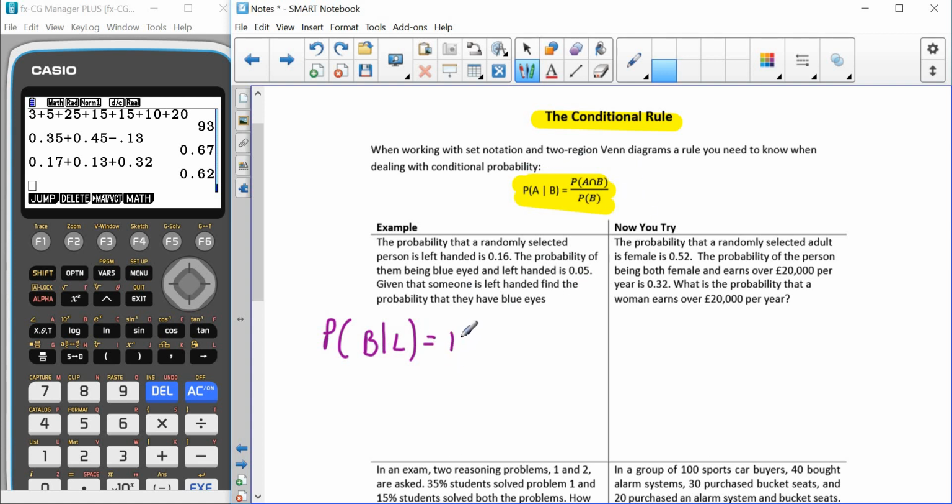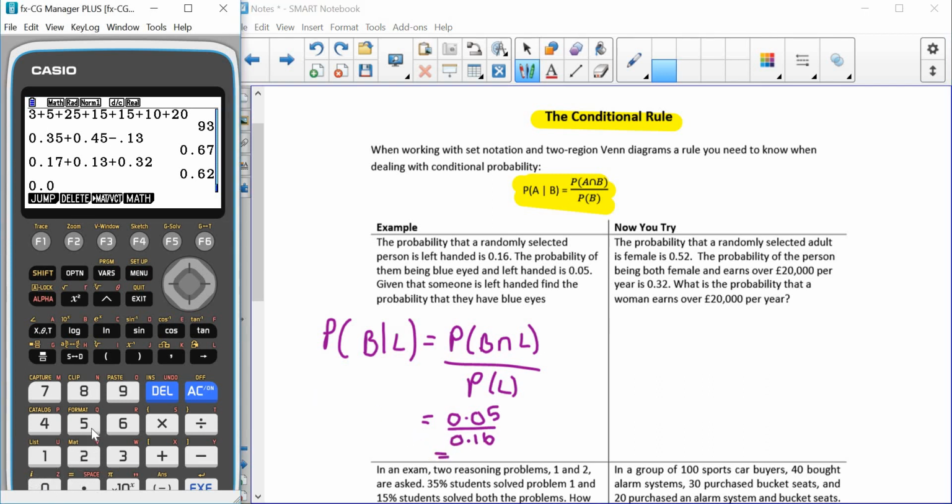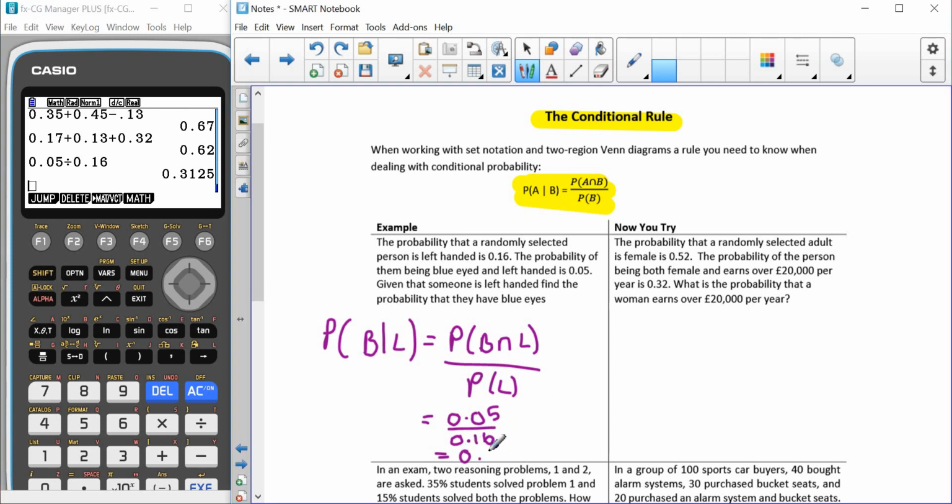Using the notation at the top, we're going to have the probability of blue-eyed and left-handed over the probability that they are left-handed, which is going to be 0.05 divided by 0.16, which gives us 0.3125.